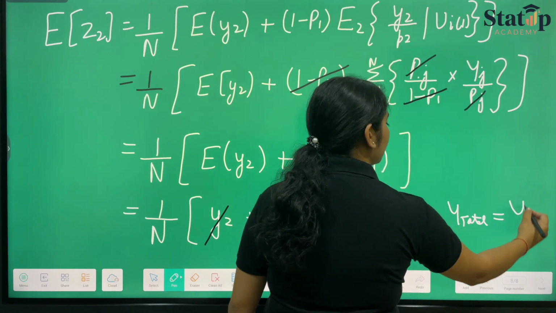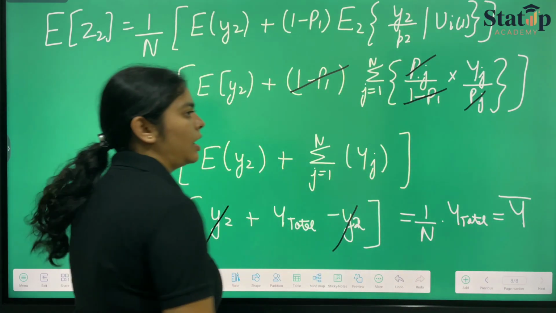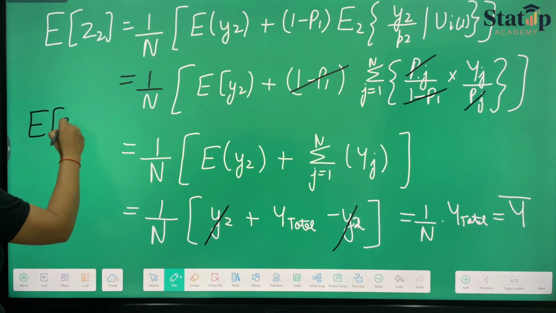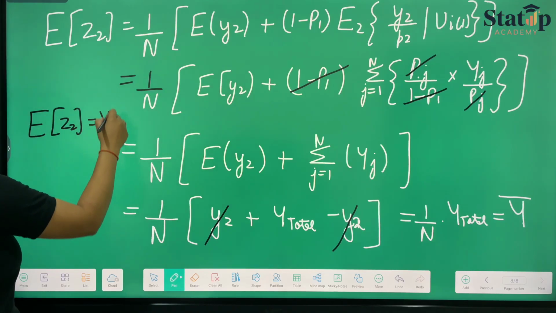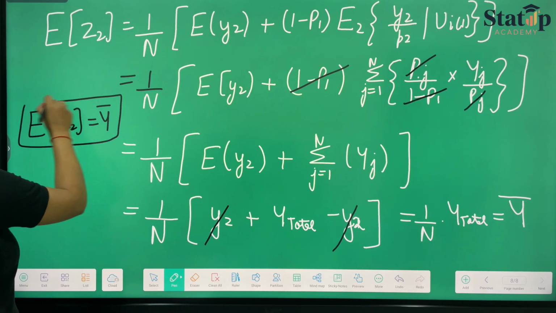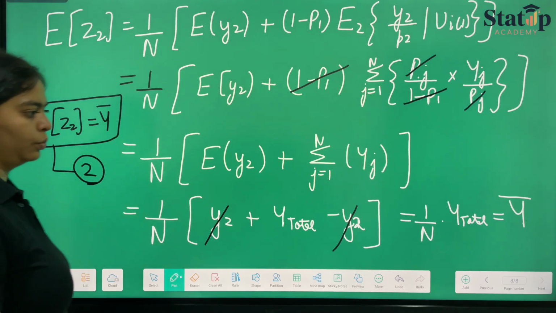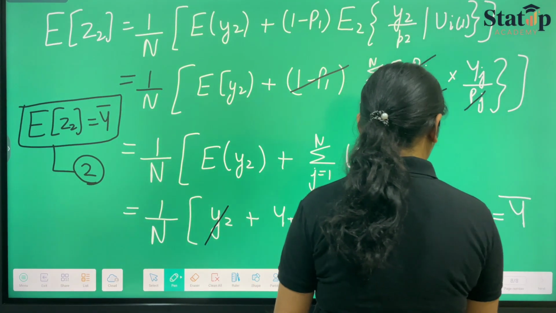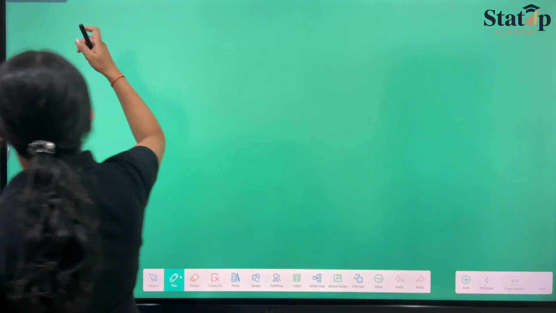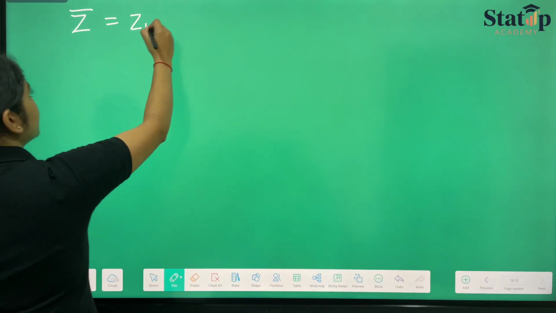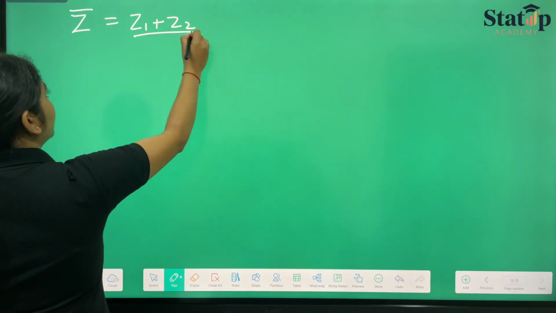This is nothing but y bar, which is our population mean. So we can say that estimation of z2 is also equal to the population mean. Hence this becomes our equation number 2. Now we have to calculate the estimation of z bar. Z bar is nothing but z1 plus z2 upon 2.